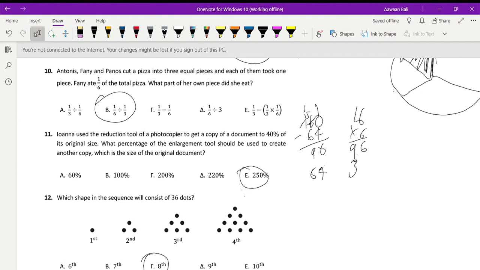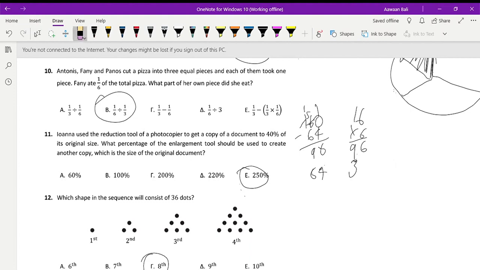Now, if we said that, when we look at 96, what can we do? Well, we can't do 96 times something is equal to 160, so that means that it's not a whole number.